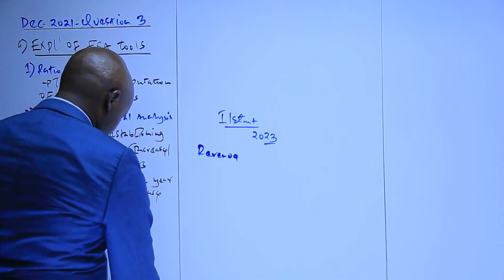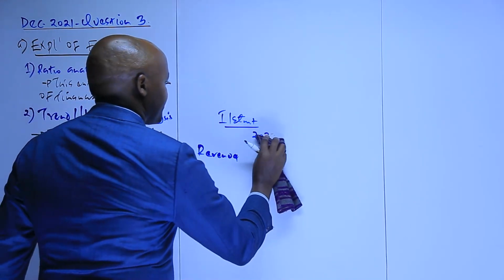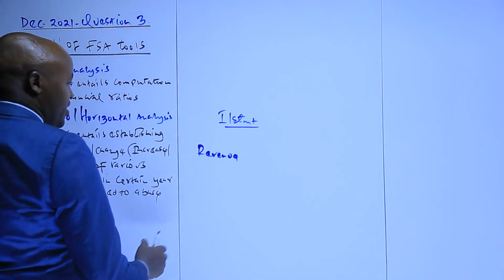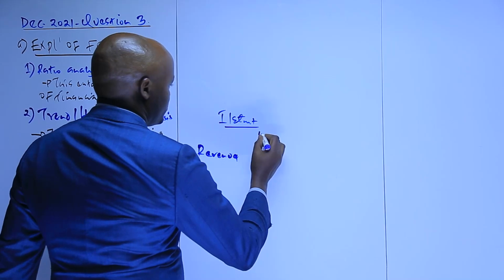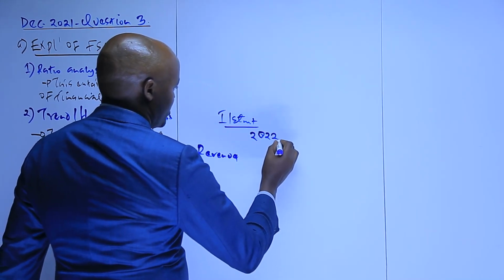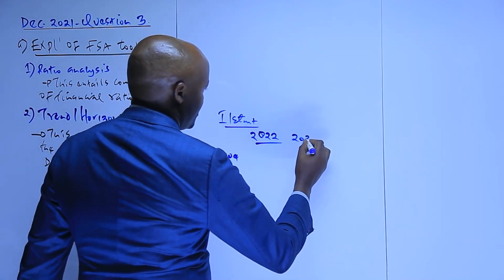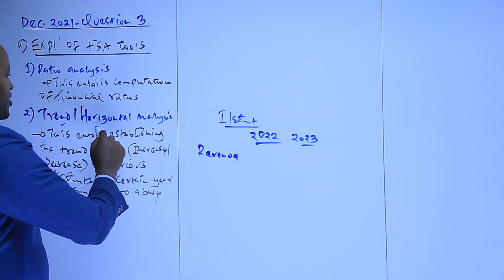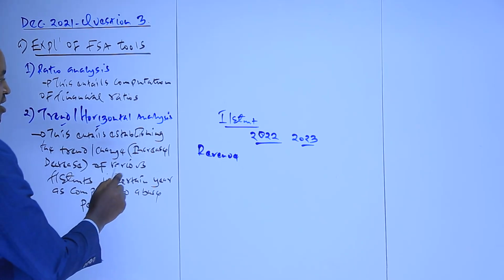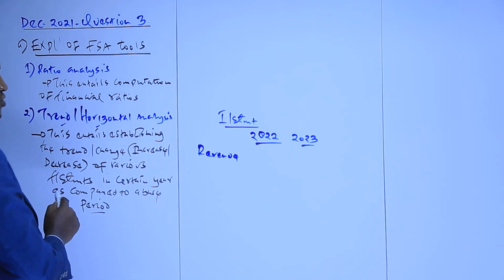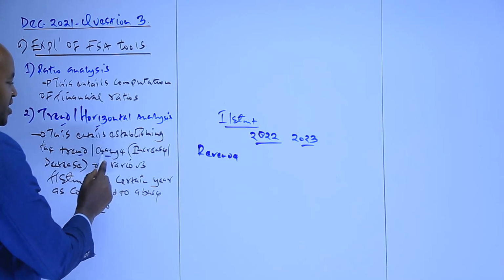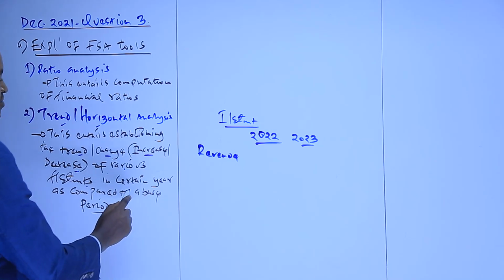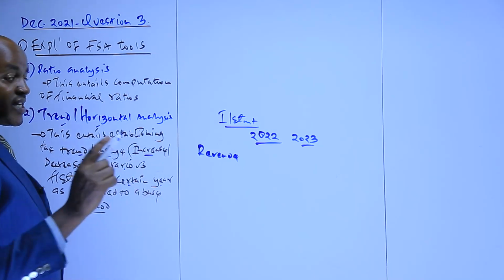But equally, let's assume that you're given the revenue for 2 years, not 1 year, 2022 and 2023. So in doing this particular analysis, which is known as the trend or the horizontal analysis, what we need to do is to establish the trend, or basically the change, that is the increase or decrease of financial statement items in a certain year compared to a certain base period.